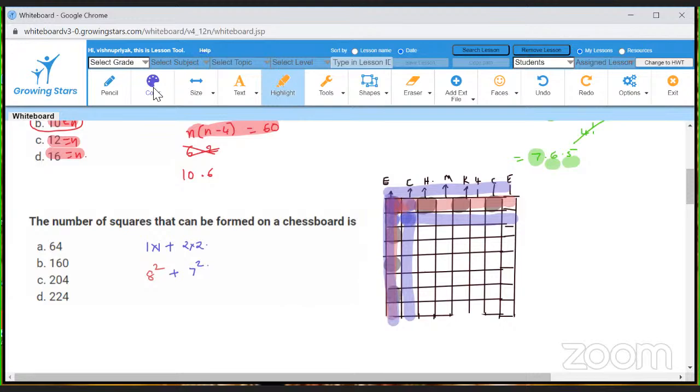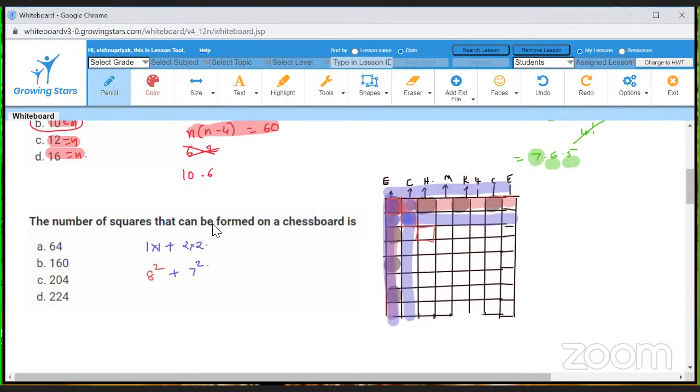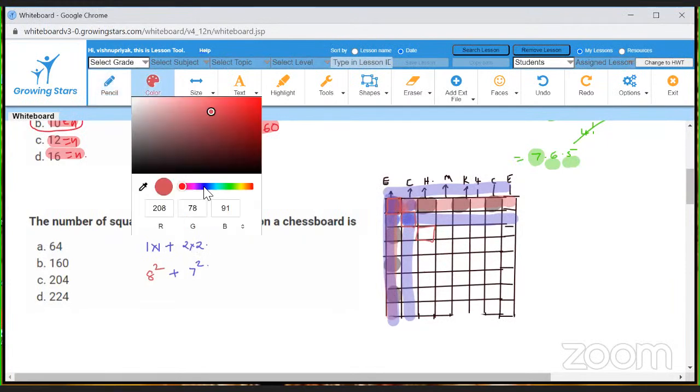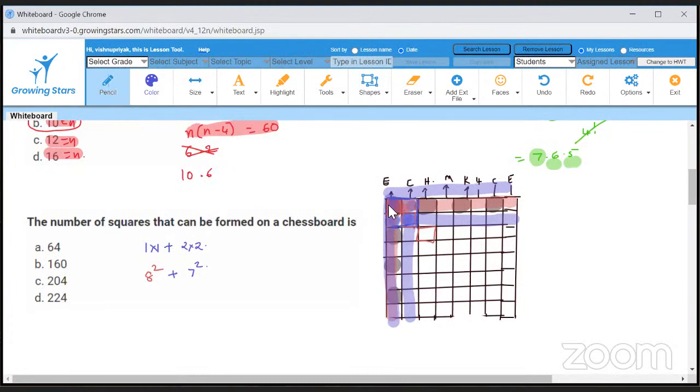The red color squares which I am counting, they are only like this, 1 by 1 squares. But when I'm taking 2 into 2, what I am counting is like this, 2 squares making a big square. 2 squares making a big square like this.